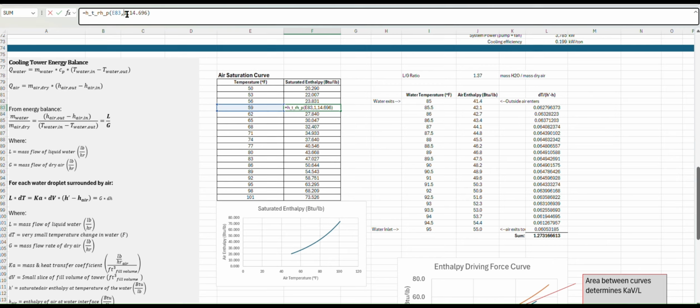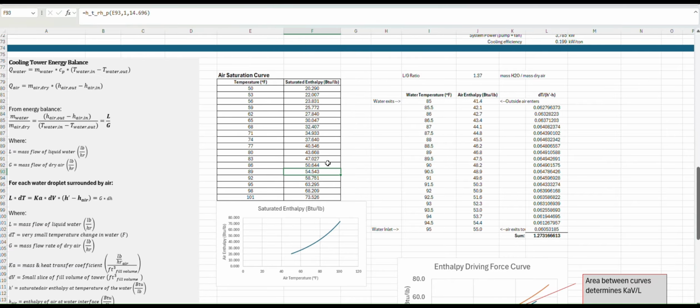I'm saying relative humidity is 1 or 100% because it's saturated. And then my atmospheric pressure is 14.7 psi. If you change this pressure, your saturated enthalpy will slightly change with it, but we're just doing this for sea level conditions. Okay, so I do that for every temperature, and then I get this saturation curve.